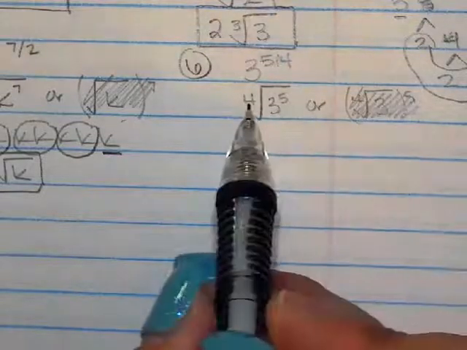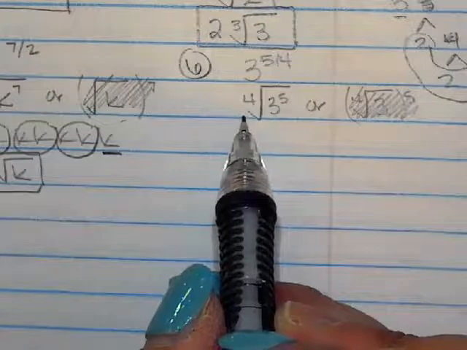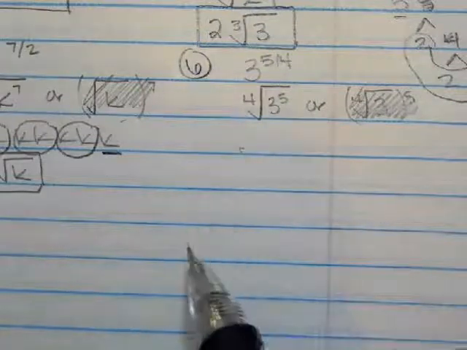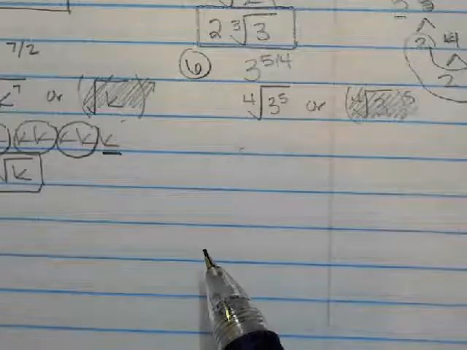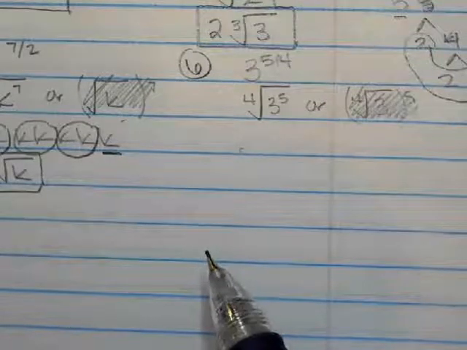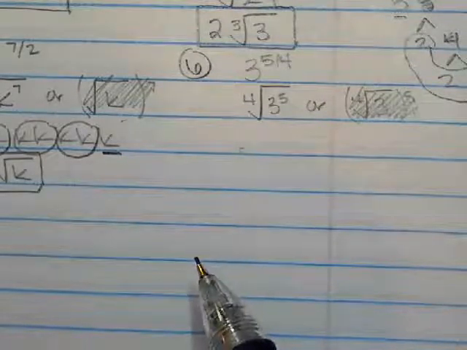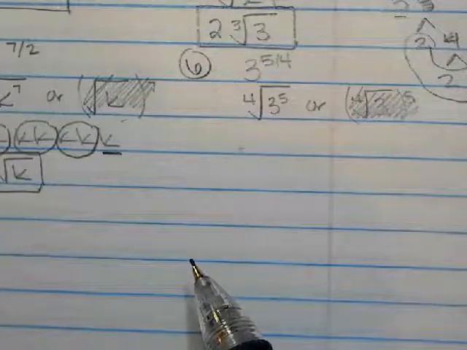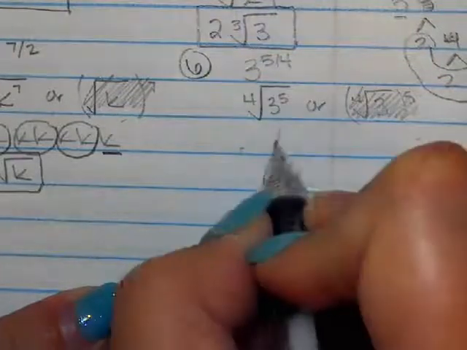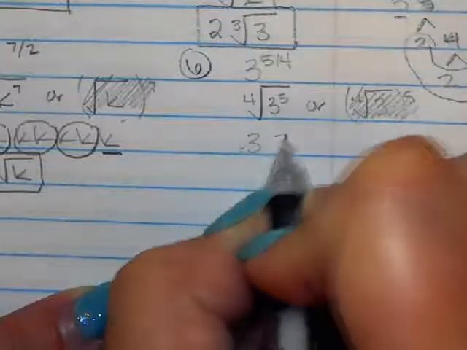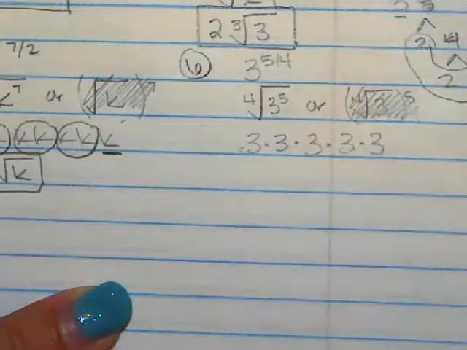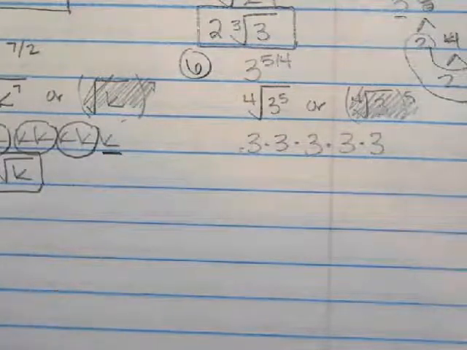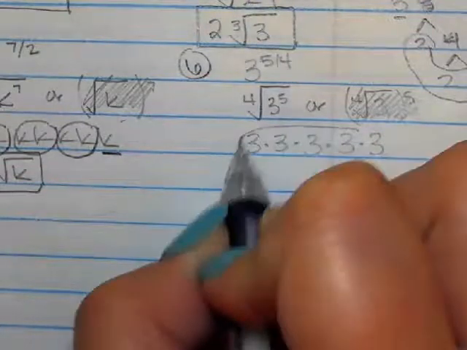A fourth root of 3 to the 5th, right? Because 3 to the 5th is 5 of them, and if I'm doing a fourth root, then I know I can reduce that. Does that make sense? So let's think about it this way: 1, 2, 3, 4, 5. What can we do? Circle a quadruple. 1 left over.